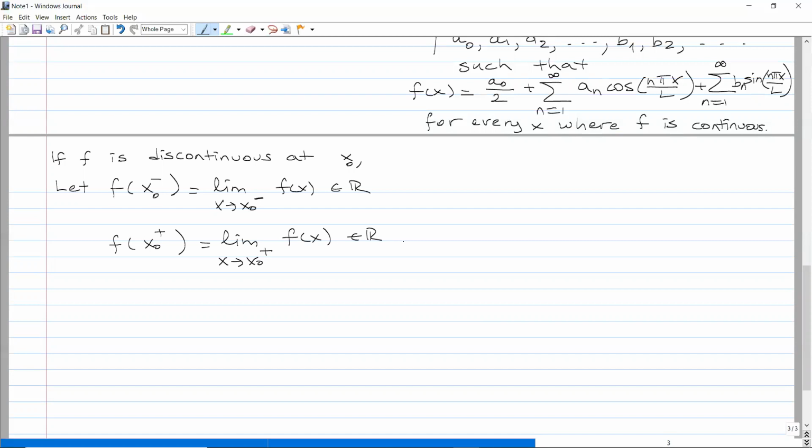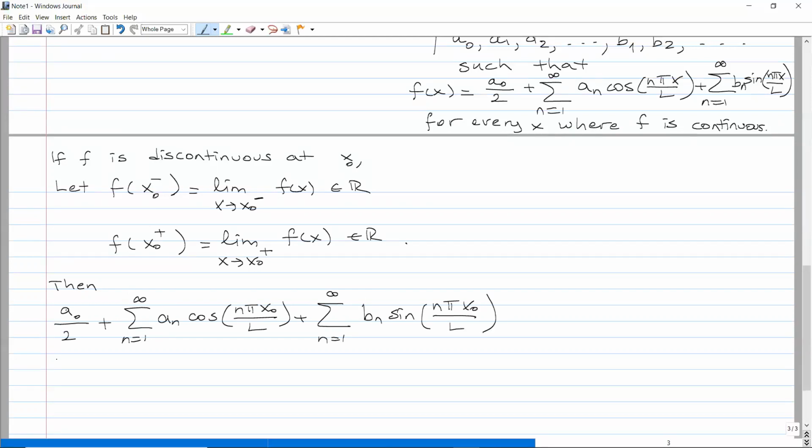Then at this point x0, when you write this series, for x you put x0, the series converges, but since f has different limits on the right and on the left, this converges to the average of the two numbers.